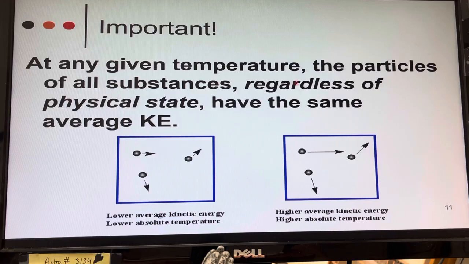Regardless of physical state, the particles of all substances will have the same kinetic energy. So the liquid water, the glass, and the metal table will all have the same kinetic energy.